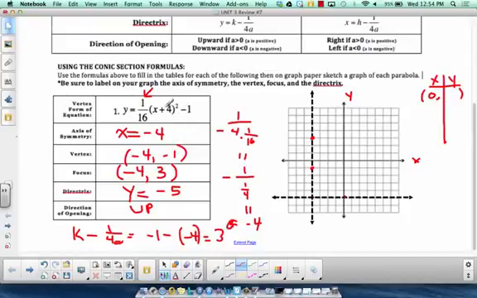I get 4 squared, which is 16. 1/16 times 16 is 1, and then 1 minus 1 is 0. So I actually go through the origin here. Problem: I'm 1, 2, 3 away here, but I'm 1, 2, 3, 4 away here. I can actually make it happen.